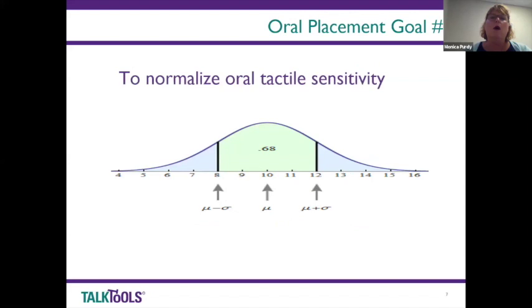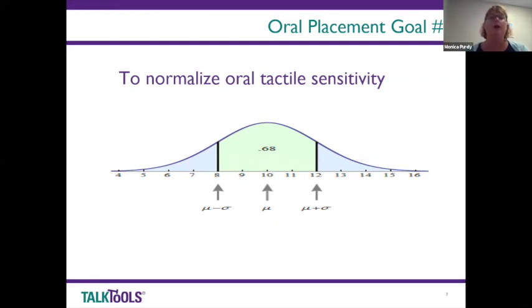The second goal that we talk about is to normalize this oral tactile sensitivity. So when we look at awareness, we're actually looking to see, okay, is that child hyposensitive, meaning that they have an under response reaction?